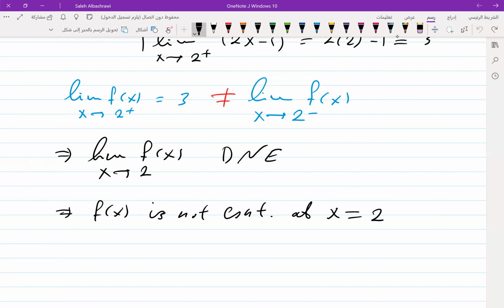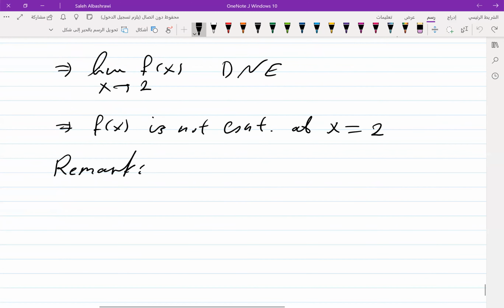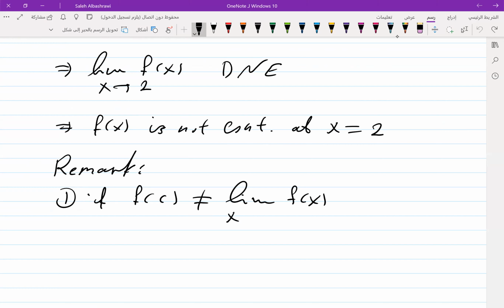Now, based on what we have, I will write a remark. For the discontinuity of a function, we have different types. If f of c is not equal to the limit of the function, like the second example, suppose that f of c is defined and the limit exists, but the limit is not equal to f of c.